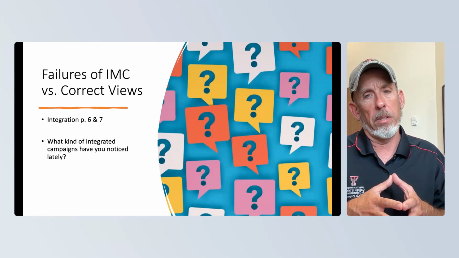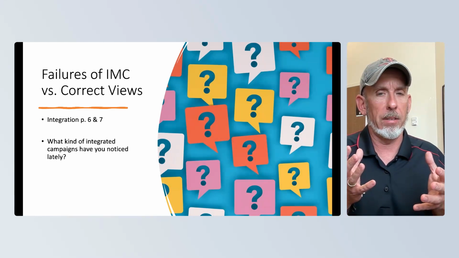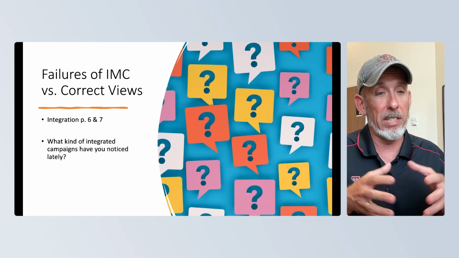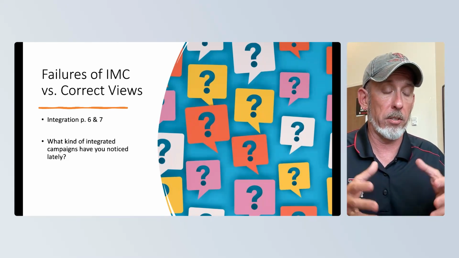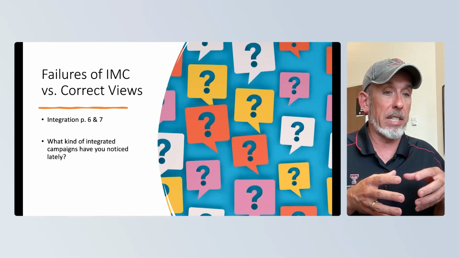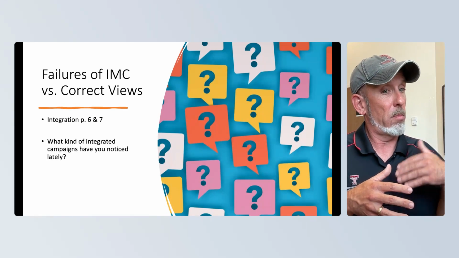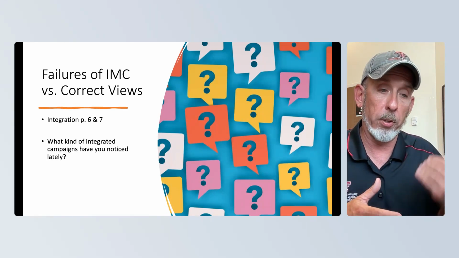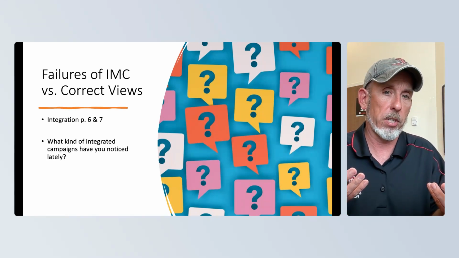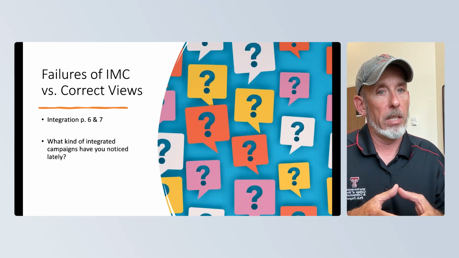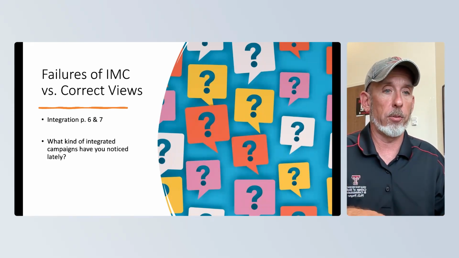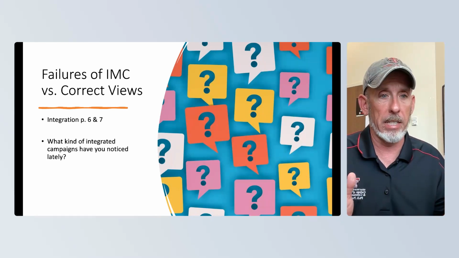Now, there are some incorrect views of integrated marketing, but you need to know it is integrated, as I talked about a minute ago. You'll see that on pages 6 and 7. These campaigns tend to be integrated across multiple platforms or multiple instances in what you and I as consumers see. Now, some people think integrated marketing means social media plus something and that's it.